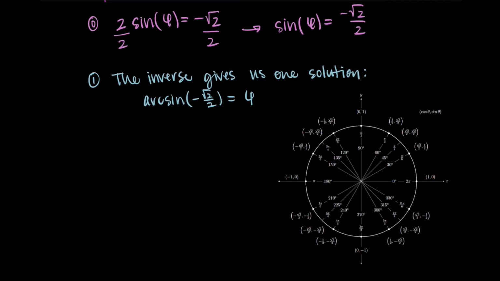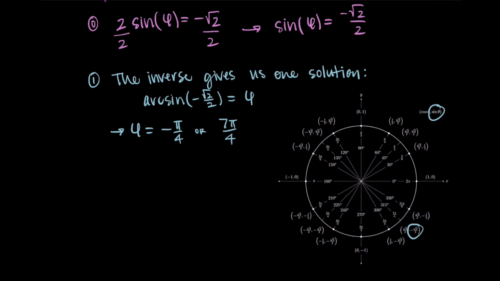Alright, so arcsine of negative square root 2 over 2, that input is negative, and so we're looking in either quadrants 1 or 4 for arcsine, and this means we're in quadrant 4. That is our y value, and we see this at 7 pi over 4, which is really negative pi over 4 using the arcsine.